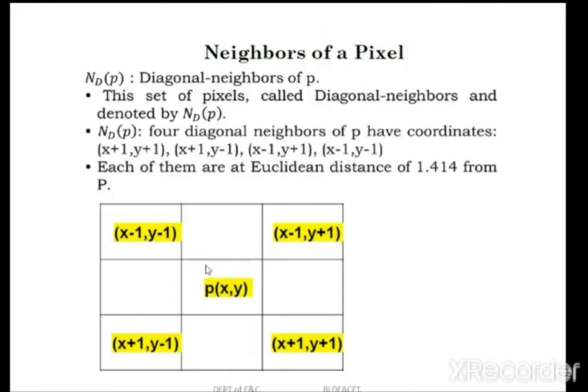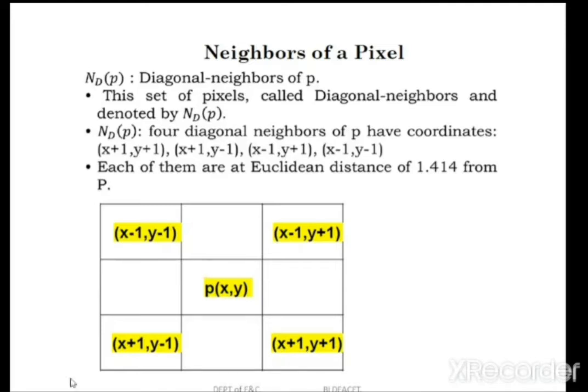Then similarly, we have diagonal neighbors of the pixel P. As the name itself indicates, the pixels which are diagonal to the P, they are called as diagonal neighbors. Okay. And these diagonal neighbors of the pixel, they are denoted by using the notation ND in bracket P. D indicates diagonal neighbors.